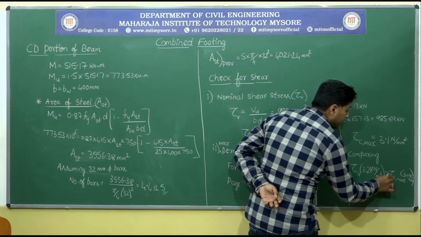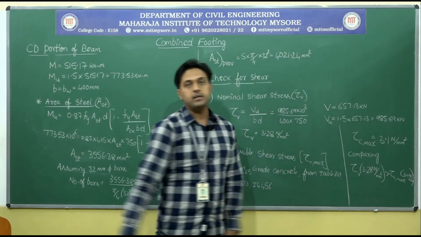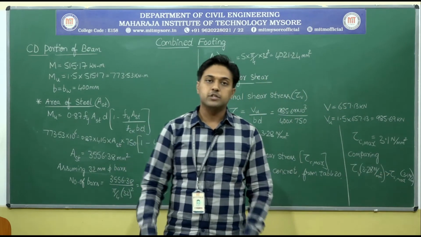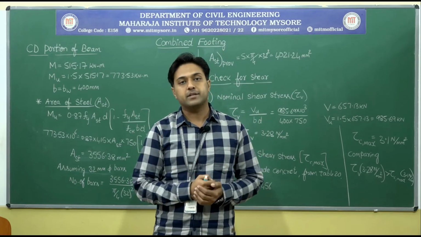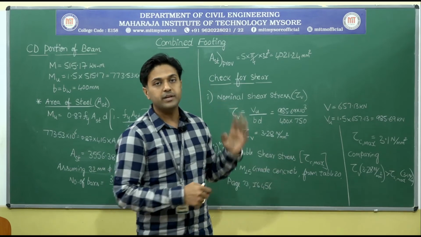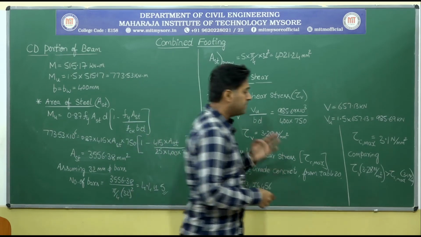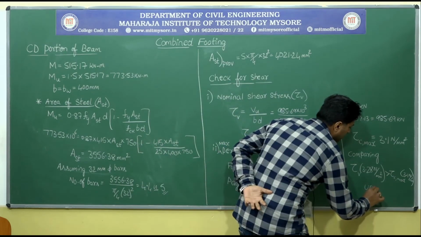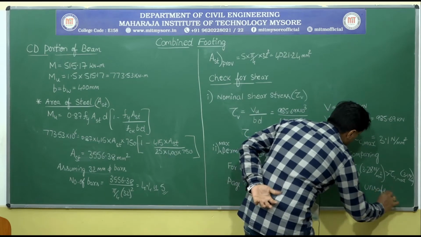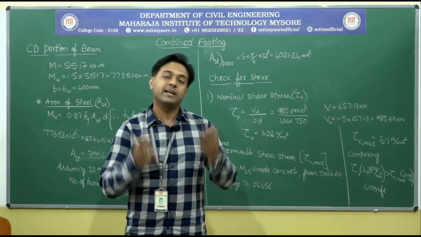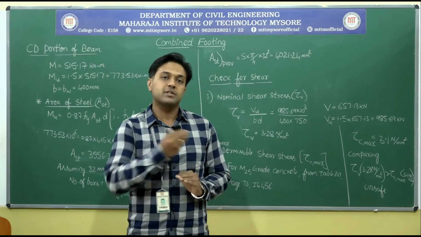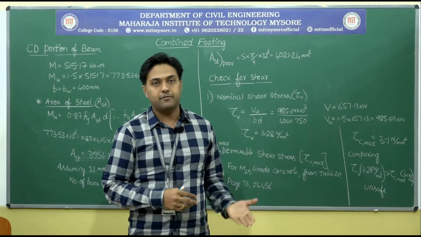So tau V is exceeding tau C max. We should never exceed the value of tau C max. It means that it is unsafe. Does it mean that whatever design we have done is wrong? No. Whatever assumption we have made, we need to deviate slightly from that.